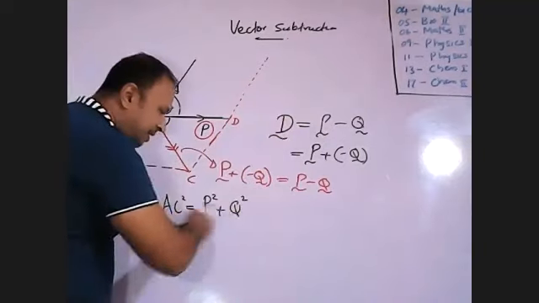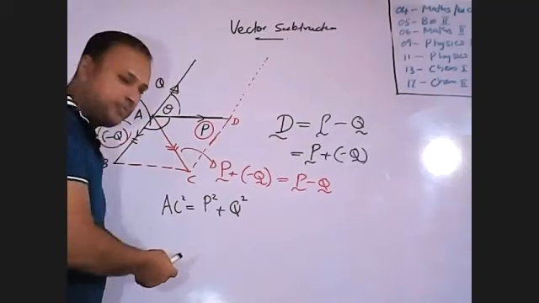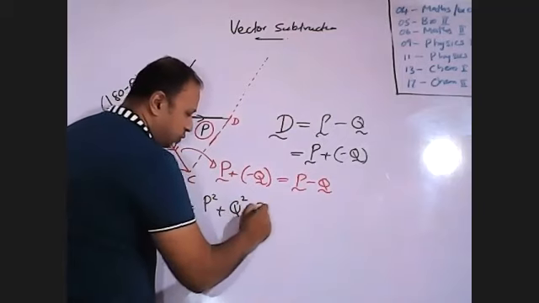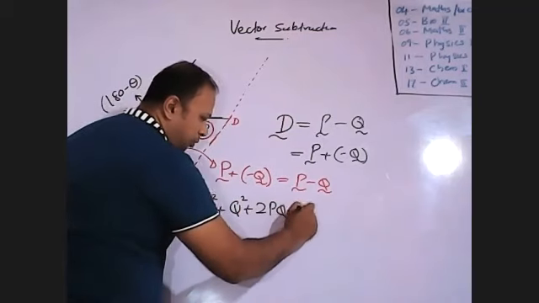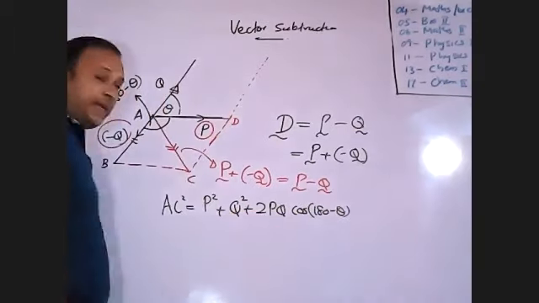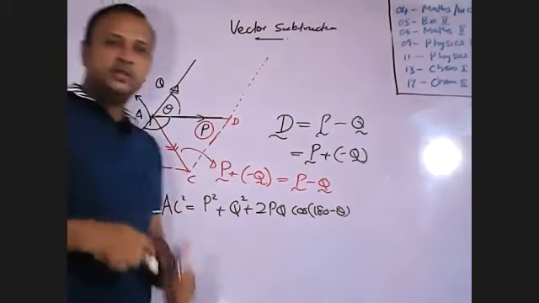Normally we apply the length in P squared plus Q squared plus 2PQ cos(180 minus theta). So that is the equation.